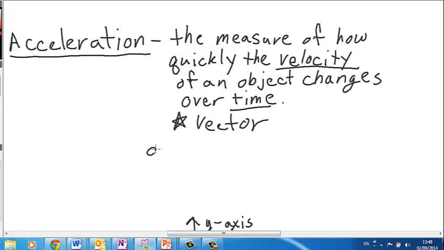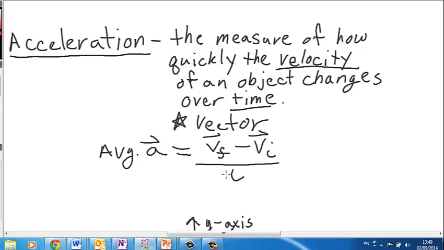And if I wanted to write an equation to show acceleration, I could say that average acceleration is equal to the velocity final minus the initial velocity that I started out as, divided by the time that that velocity changed over.